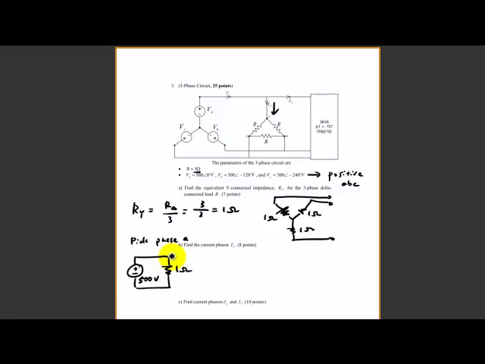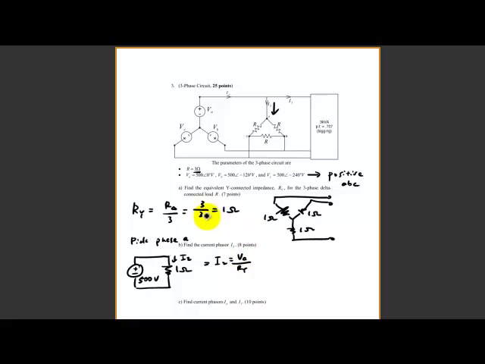And to find the current going into this, since we don't have any resistor in between, you can use this voltage, because the voltage here will be equal to the voltage at these two terminals. To find I2, it will simply be I2 equal to VA divided by RY.